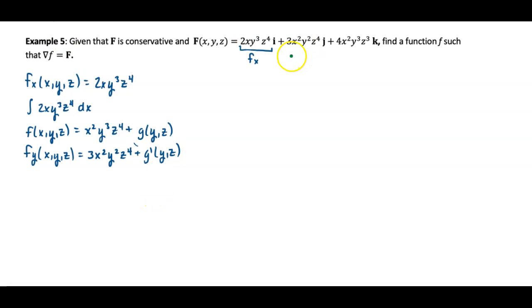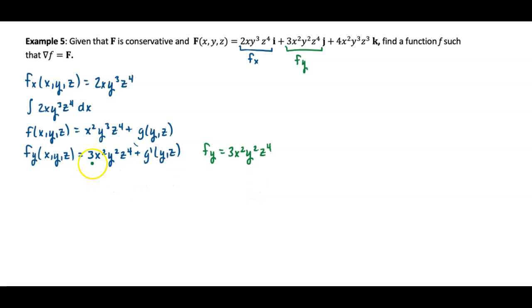And so now I'm comparing this to my partial with respect to y in the initial problem, which was 3x squared y squared z to the fourth power.